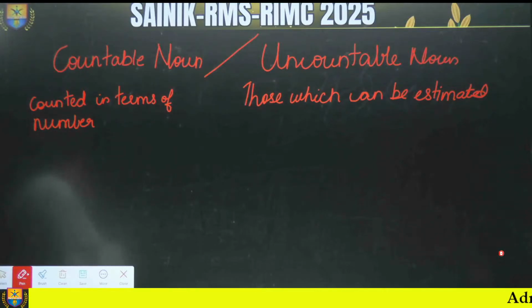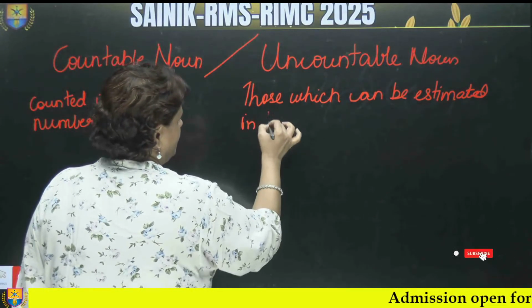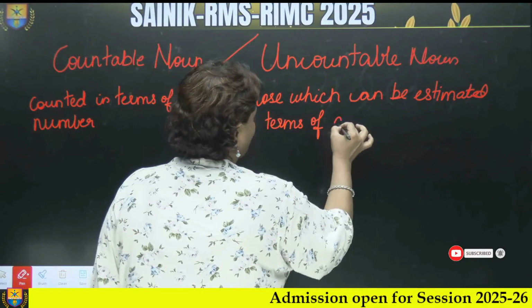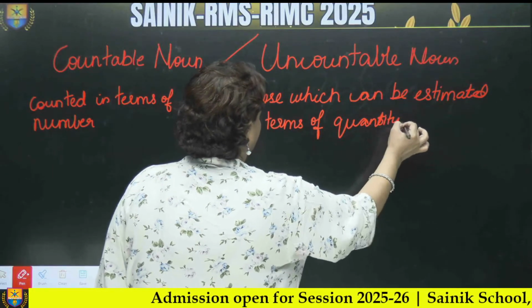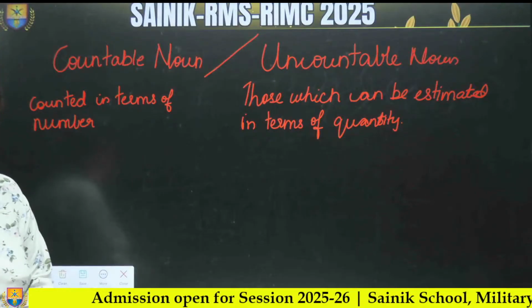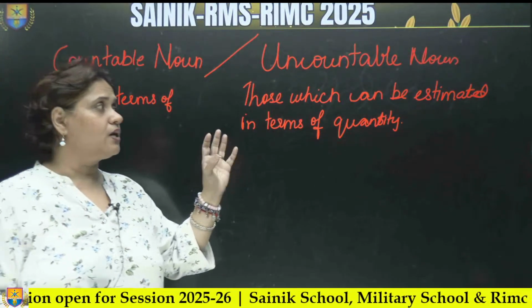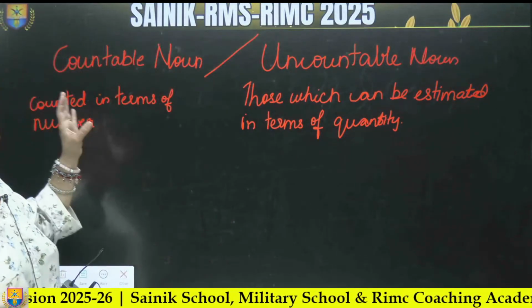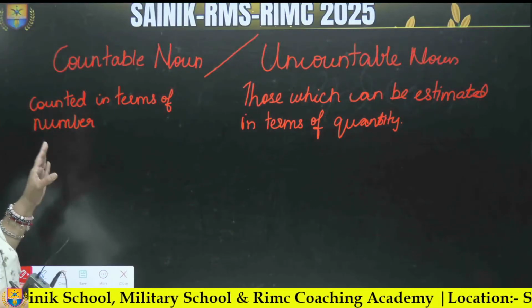Those which can be estimated in terms of quantity. So here we have the definition for countable and uncountable nouns. The uncountable nouns are those which can be estimated in terms of quantity. The countable nouns are those which can be counted in terms of number.